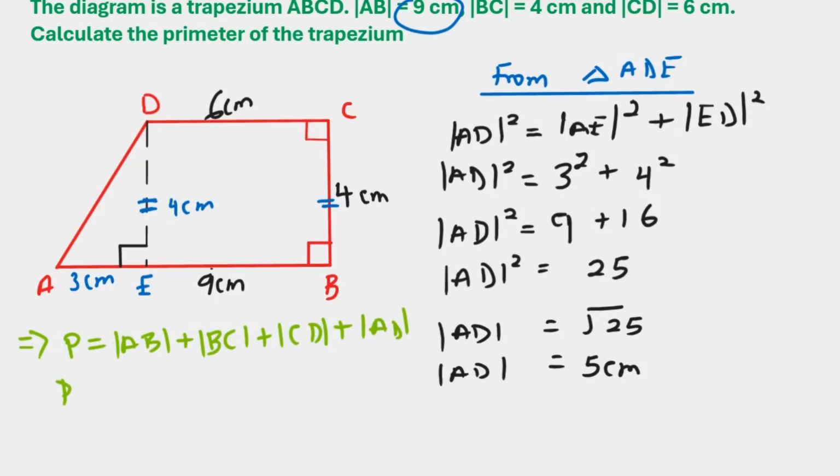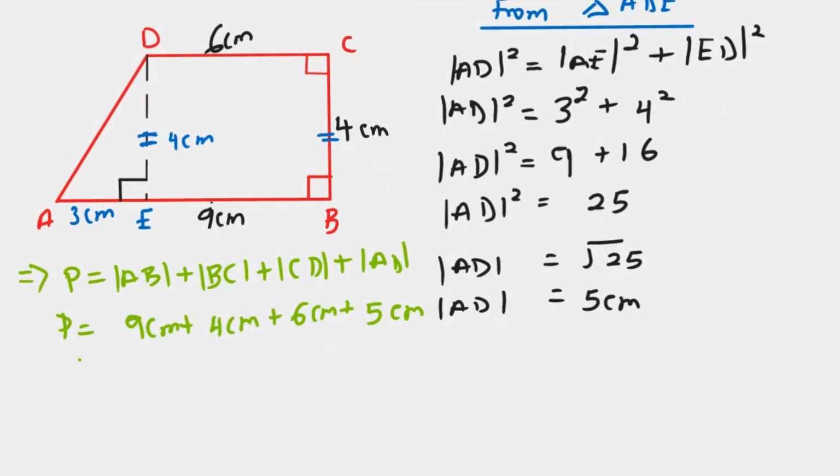So the perimeter is equal to AB, that is 9 centimeters, plus BC, 4 centimeters, plus CD, 6 centimeters, and plus AD, which is now 5 centimeters. So the perimeter, 6 plus 4 is going to give us 10. And 10 plus 9 will give us 19. 19 plus 5 will give us 24. So we have 24 centimeters. So that's the perimeter of the trapezium.